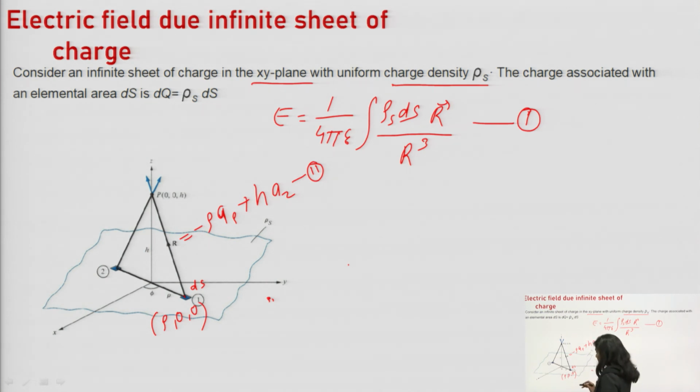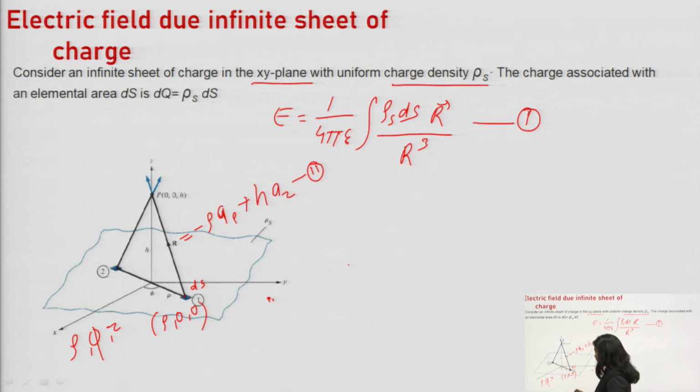We can see here that the normal to the sheet is a z, and in cylindrical coordinates we have three fundamental parameters by which we can represent any vector or any number: rho, phi and z.